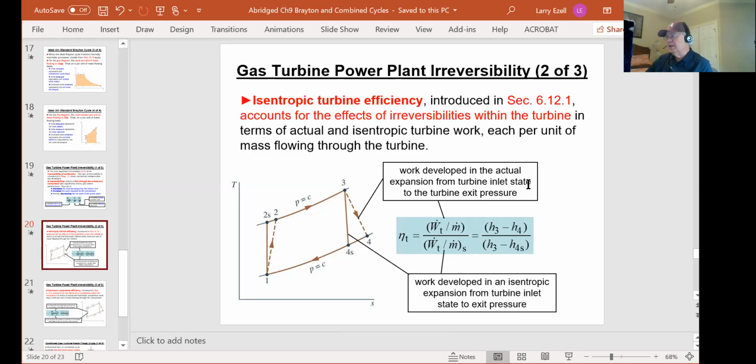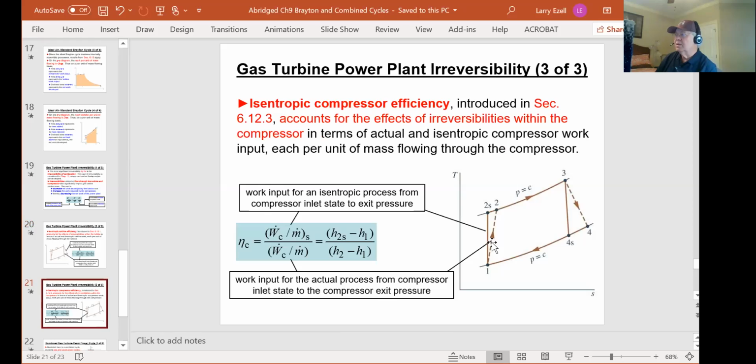I know some of you had a problem with the way I did my signs and ratios on the compressor, which we're going to talk about in a minute. On a turbine, my formula agrees with the book. Now let's look at the compressor. This is where he switches things around, and there's really no need to do that, but he does.